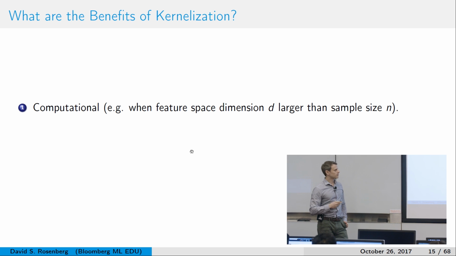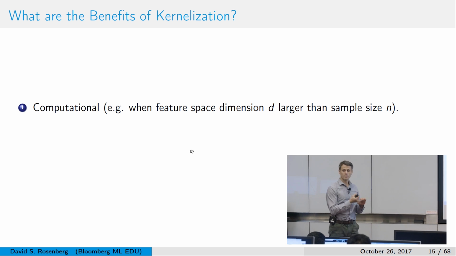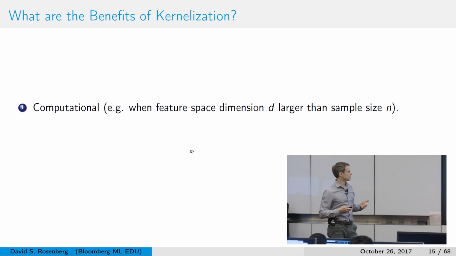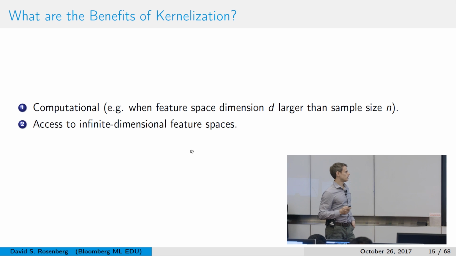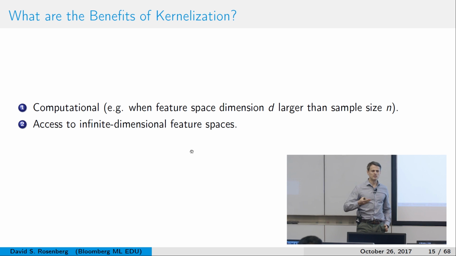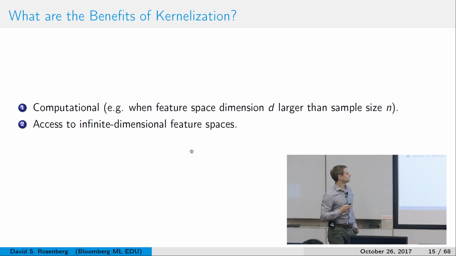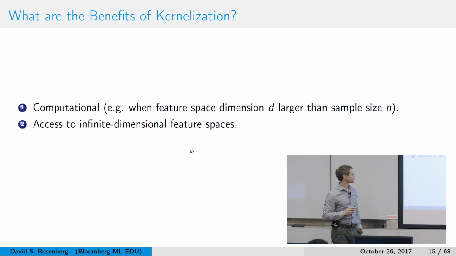All right, so what are the benefits of kernelization? One is computational, along the lines I mentioned already. Another is that it gives us access, in a certain sense, to infinite dimensional feature spaces, which is pretty interesting. And we'll come to that later in the lecture.